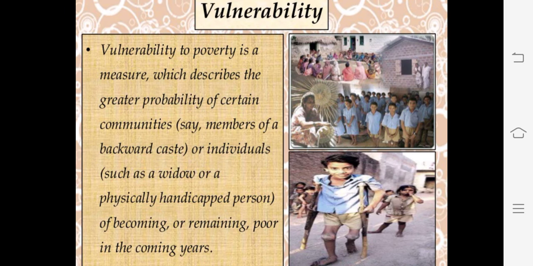It means that certain communities, such as members of the backward caste, or individuals such as widows, women whose husbands have died, and physically handicapped people, are likely to remain poor. The situation today will be the situation next year also.